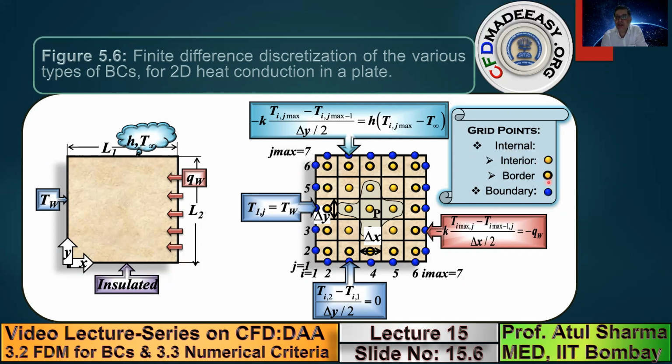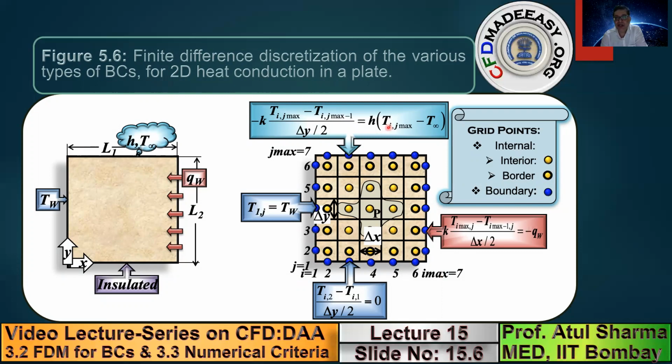Now the symbols for both are yellow circles, but there is a difference. The border yellow circle, you can see, has a thicker black line at the boundary. So the yellow circles with thicker black line are for whichever boundary has a normal gradient type of boundary condition, whichever boundary condition involves heat flux: insulated involves Qy, constant heat flux involves Qx, convective boundary condition involves Qy.